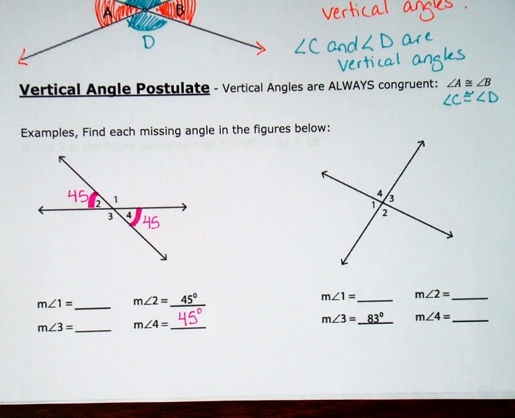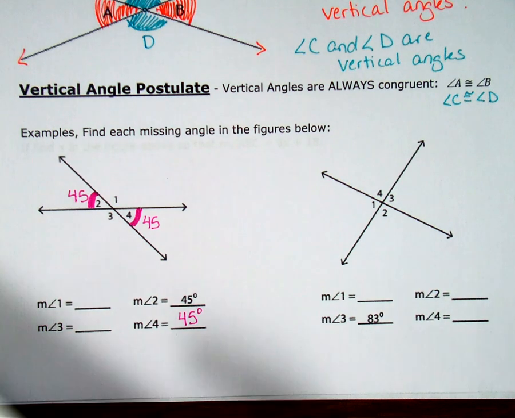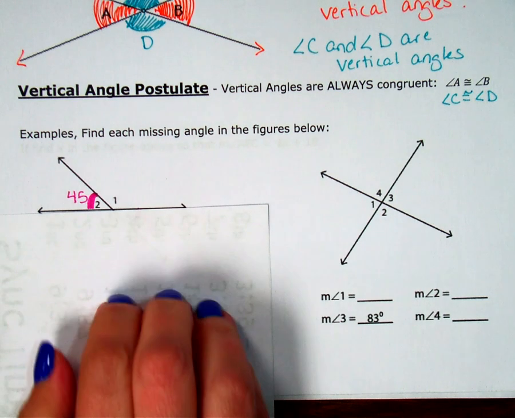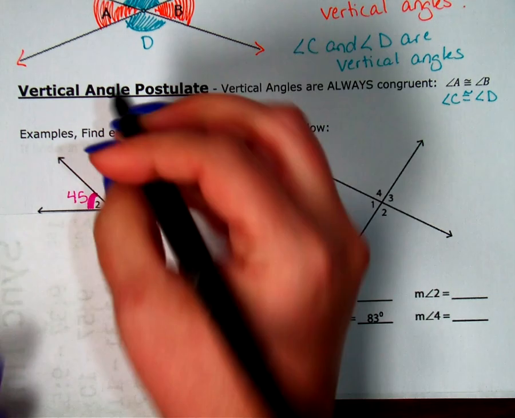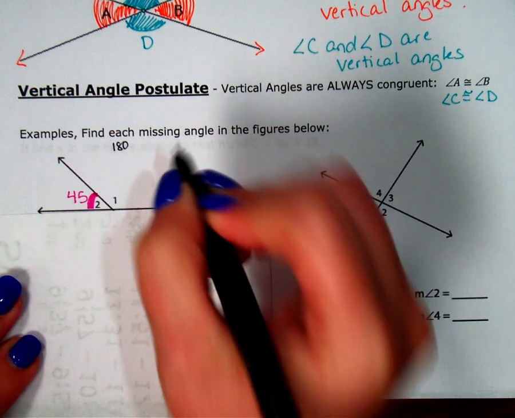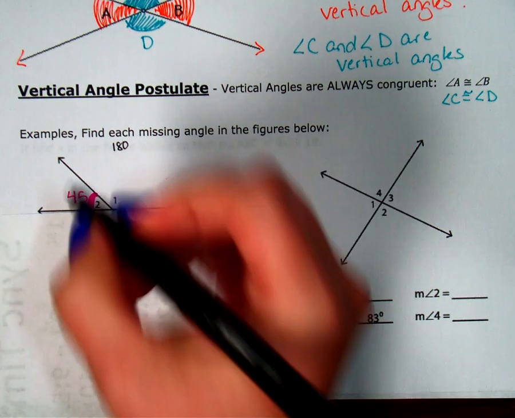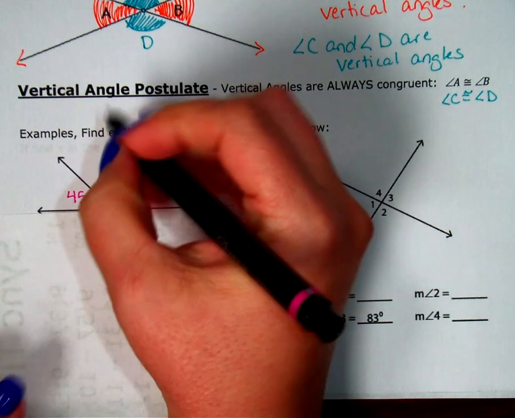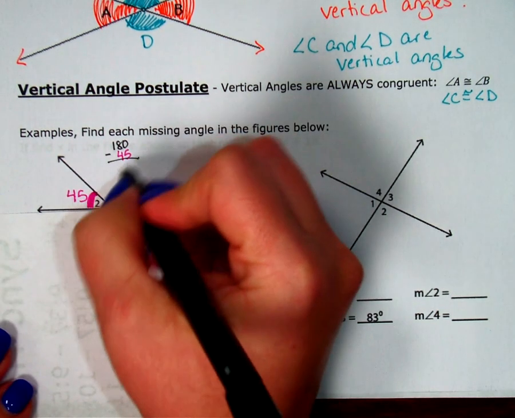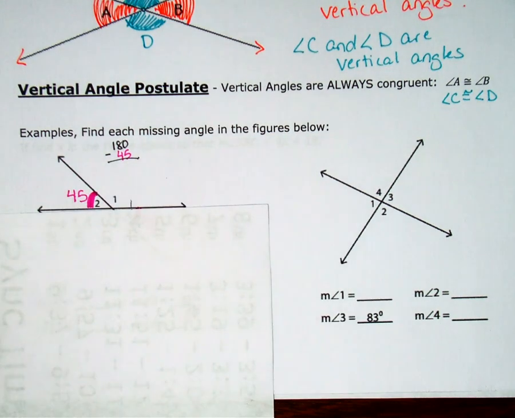Then the next thing I'm going to do is look at a linear pair. I can look at angle 2 and angle 1 as that linear pair. I know that if I take 180 and take away the 45, because I have a full line there, I'm looking at one side of a line, that's going to leave me with what's left for this side. So if I put 180 minus 45 in my calculator, I get 135 degrees.